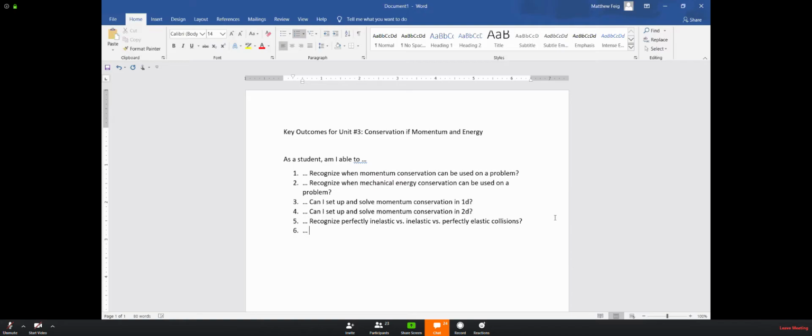Can I set up and solve momentum conservation? Can I set up and solve energy conservation with KE and PE gravity?